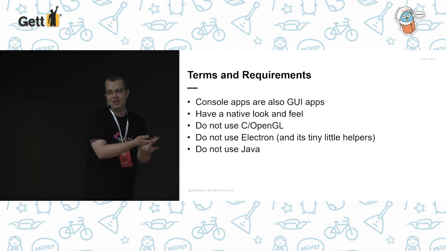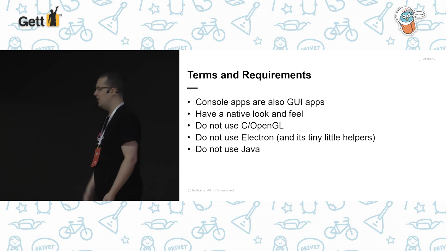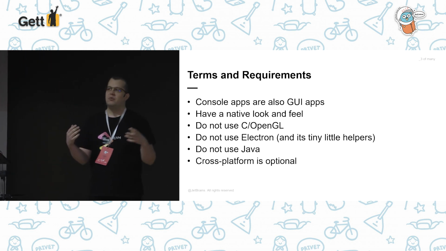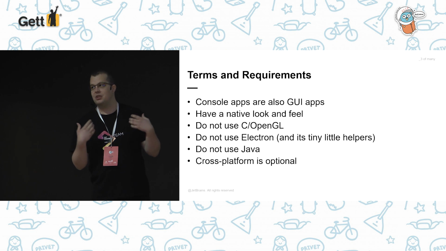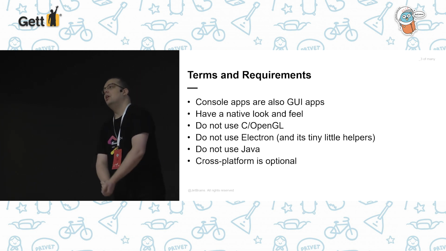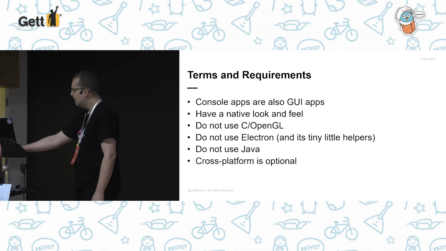I don't want to use Java because I'm a Go developer, right? So there are not many other things left out there. And finally, for now at least, cross-platform is optional. I'm on Windows, the laptop is on Windows, I'm fine with building something just for Windows, right?